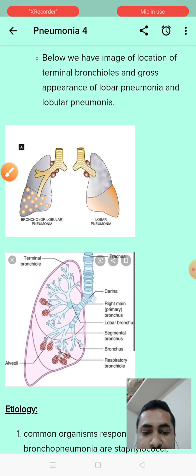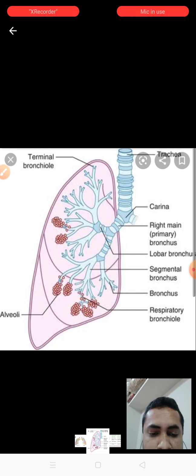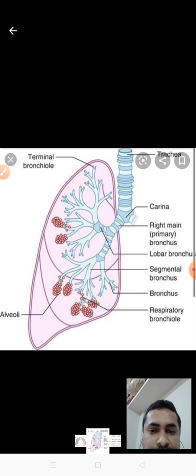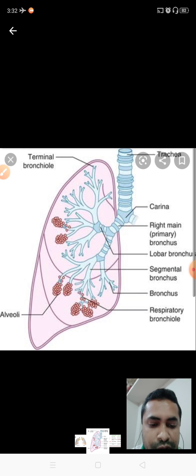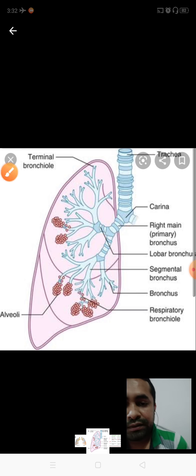Now coming back to the second image. This image I have already shown you in the first or second lecture, about the location of the terminal bronchioles. So here it is.